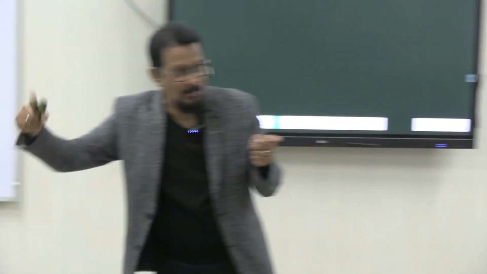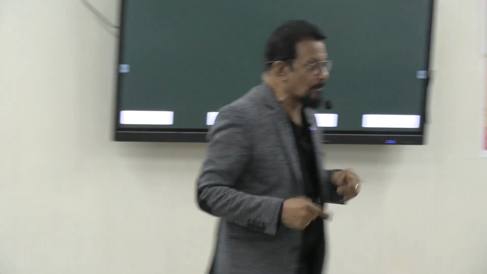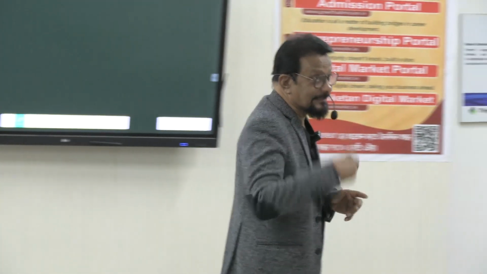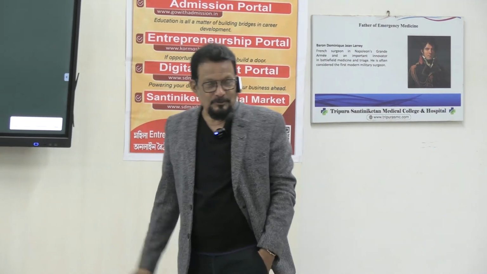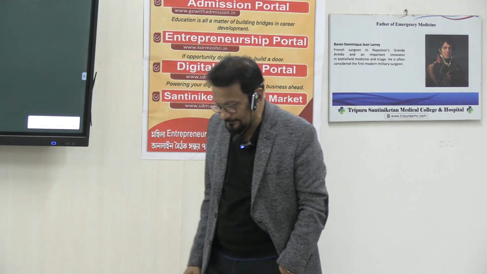So this action potential will jump from one node to another, and this type of conduction we call saltatory conduction. Can you remember this? Saltatory conduction. Okay. If there is no myelin sheath, the conduction will be like this.